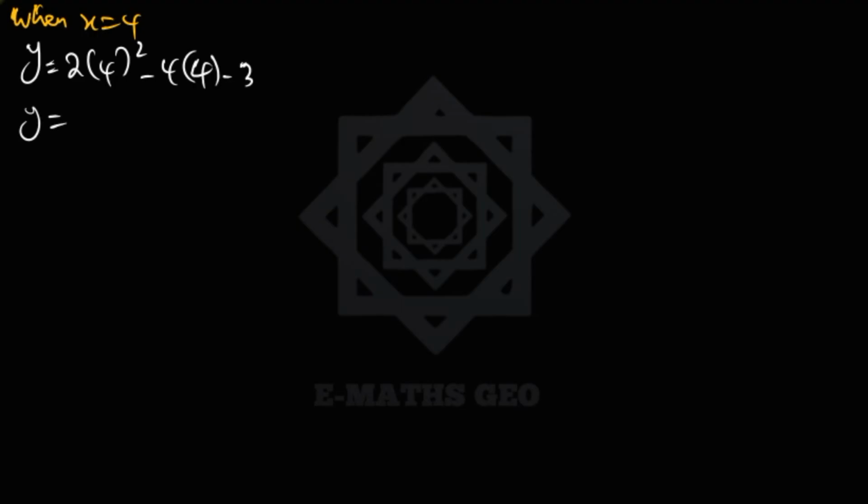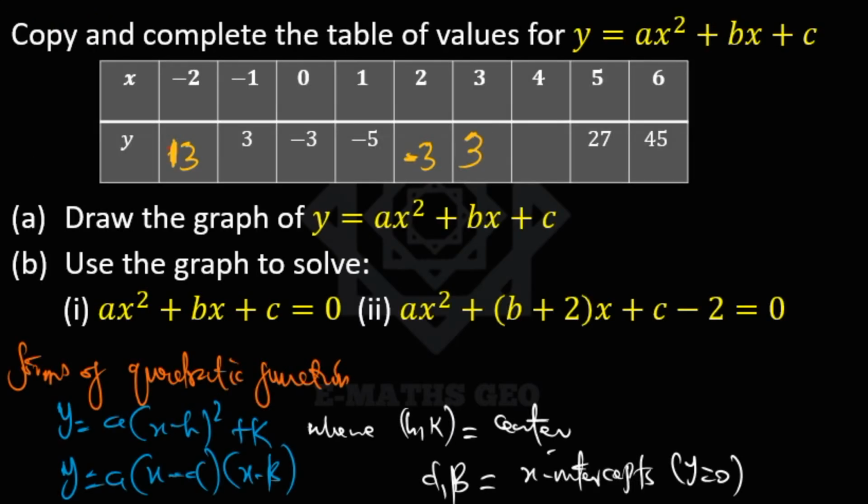To solve this first part, I will factor 4 squared so that it will be easy. This is now 16 minus 3, that should be 13. So we have x is 4, y is 13. So we are done with the table.